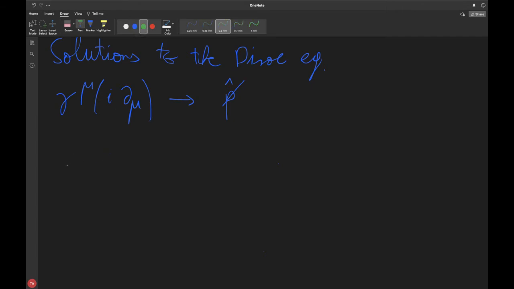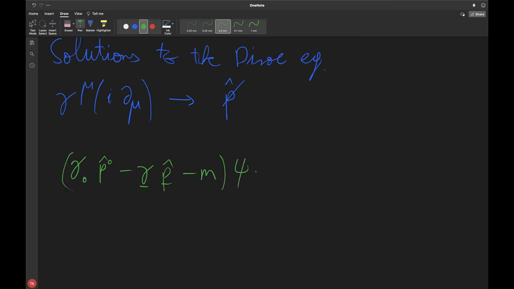That's going to be gamma^0 P_0, it's an operator, minus the rest of the gamma matrices, which is the rest of the vector of the gamma matrices, dotted with P, the spatial part of the four-momentum, and we have minus M acting on the psi.